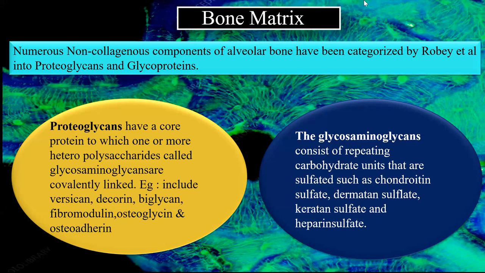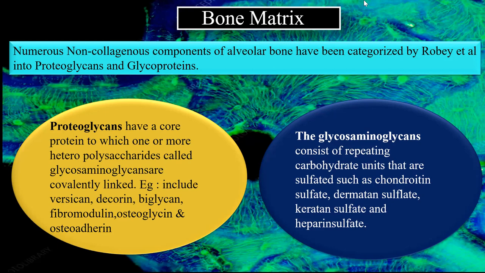So proteoglycans and glycosaminoglycans are the hardcore of the extracellular matrix of any tissue in the periodontium. Proteoglycans have a core protein into which one or more heteropolysaccharides called glycosaminoglycans are covalently linked. Examples being versican, decorin, biglycan, fibromodulin, osteoglycin, osteoadherin. At undergraduate level, you have to know the names of all these things.